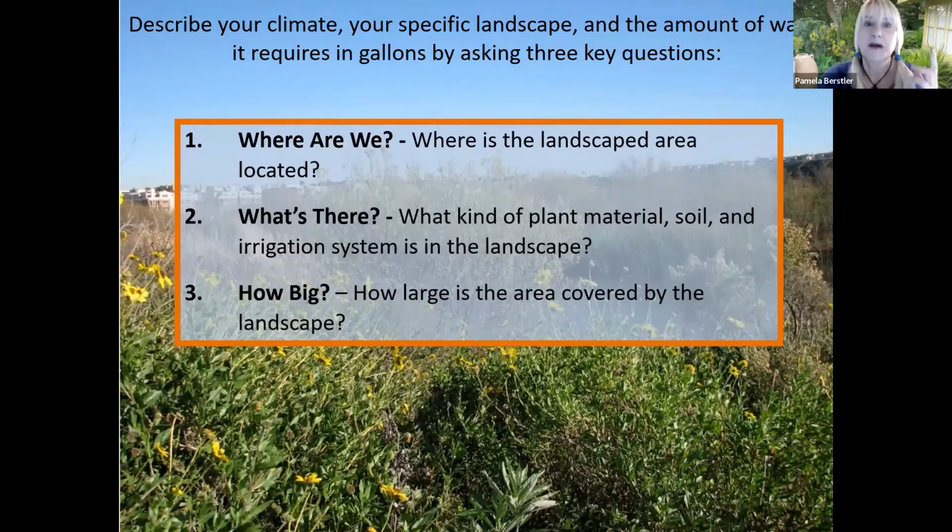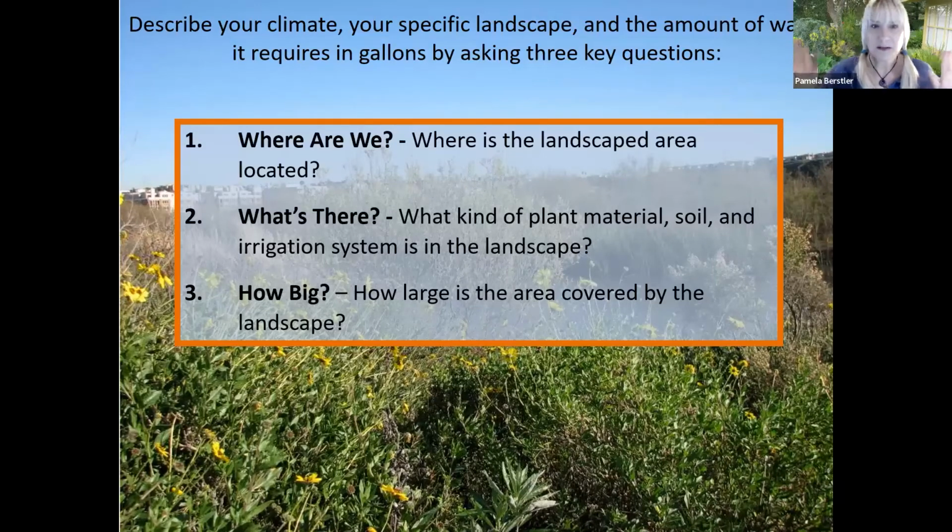And boom, right away you can say, wow, the landscape water requirement in this area is going to be X gallons, and people can't believe it. They can't believe that you can do that in your head. And it's really not that challenging. It's just being able to think about the components of it. So I ask myself, where am I located in ETO? What's there in this landscape?